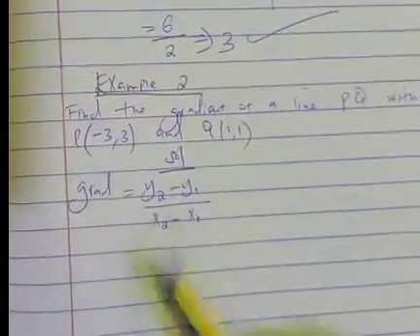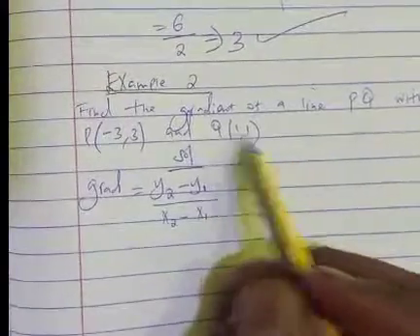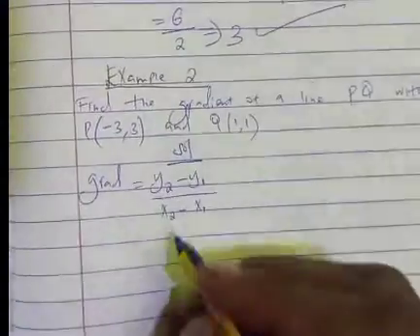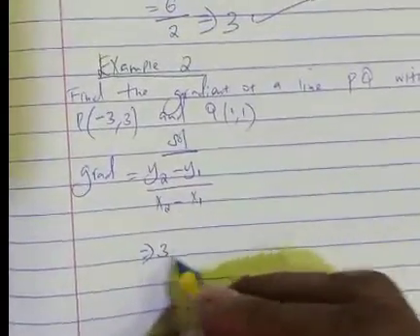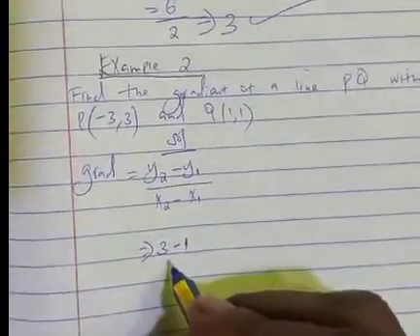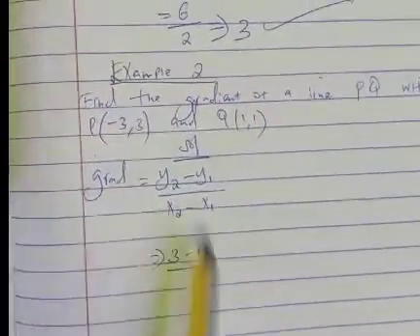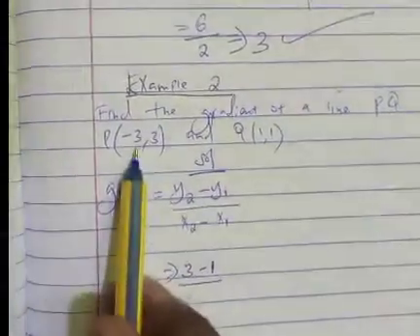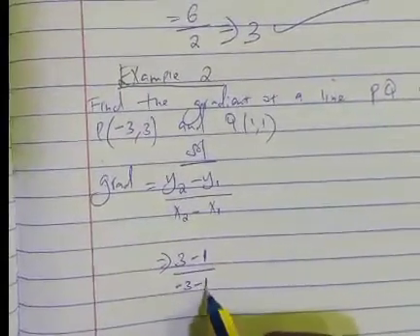So y2, we can decide to choose the y coordinate of either Q or P. So I'll decide to choose for P, so it is 3 minus 1 over, because we started with the y coordinate of P, we must again start with the x coordinate of P, which is negative 3 minus 1.